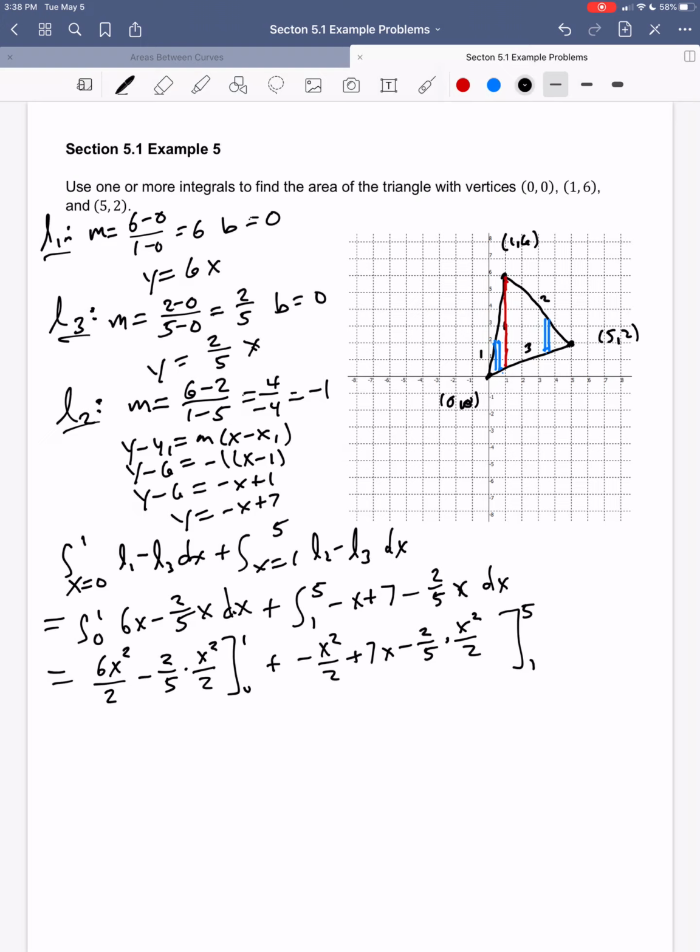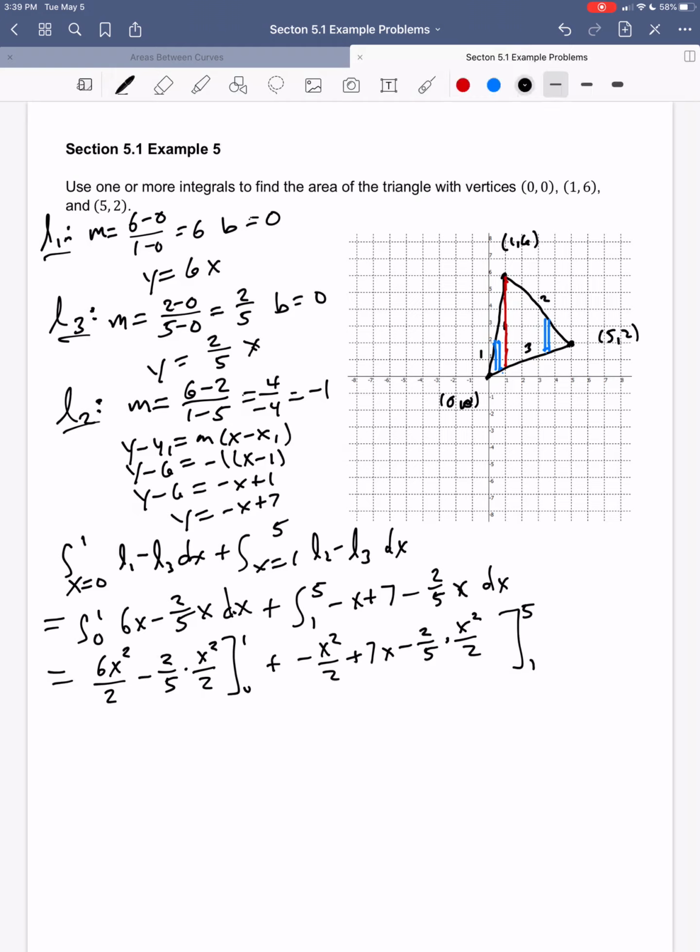Okay, so I've taken these antiderivatives, 6x squared, divide by 2, 2/5 x squared, divide by 2, negative x squared, divide by 2, plus 7x, negative 2/5 x squared, divide by 2, right? I divide by the new exponent.